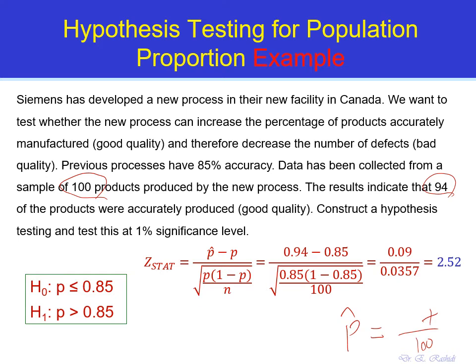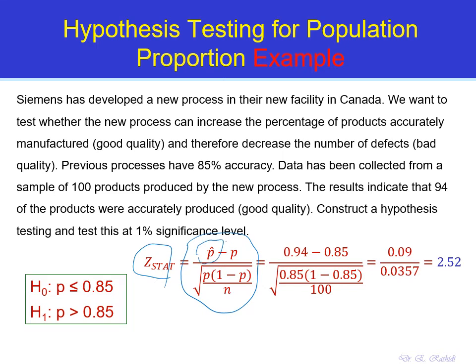The test statistic value has to be computed based on the sample proportion. And the test statistic is a z-test. And the formula is this. That's just the z value of p hat. That's p hat, which is 94% based on what we had here, minus p. And this p comes from the null hypothesis. That's 85%.